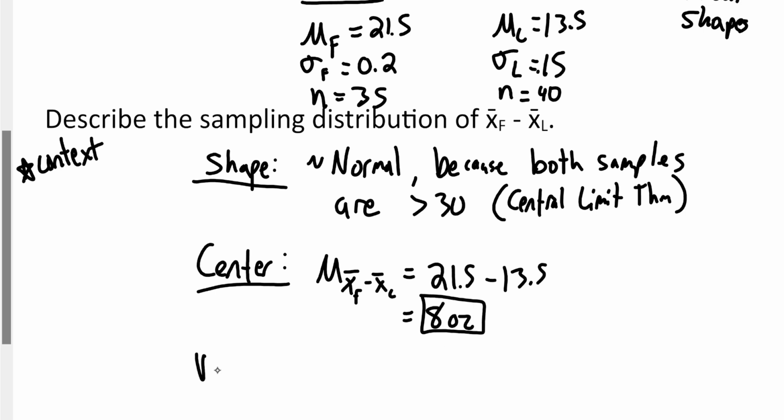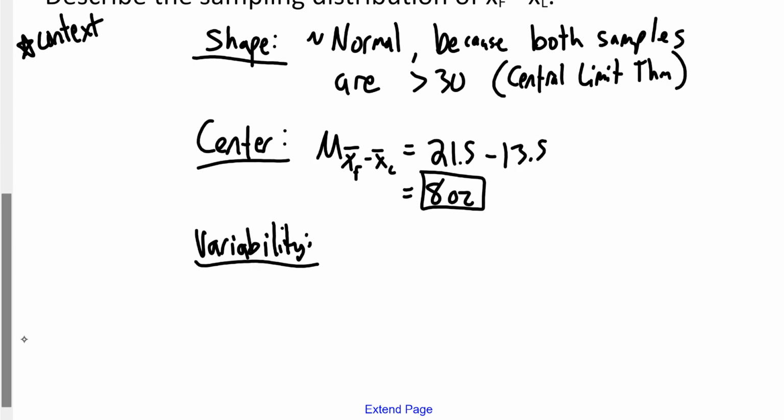Now for variability, we're looking at standard deviation. And that's what we also just talked about the formula for. So the standard deviation, we'll just say family minus large, would be the square root of sigma squared, so that's 0.2 squared.